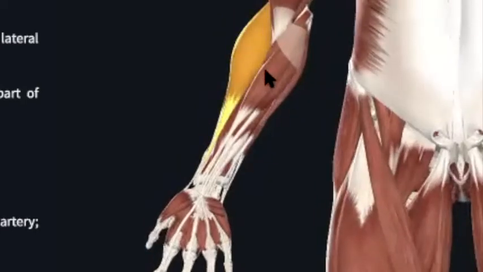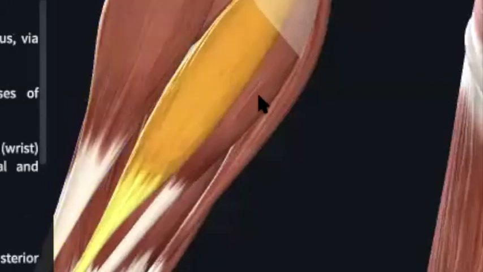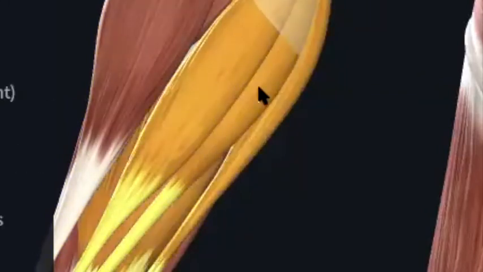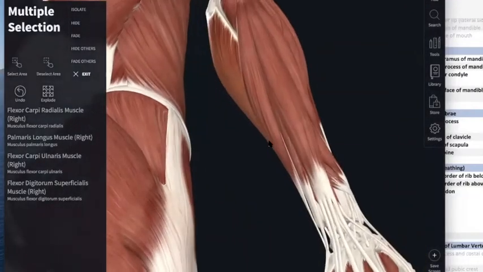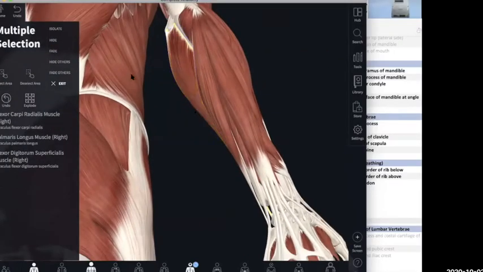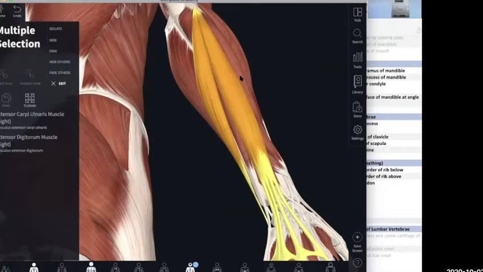All these other muscles on the front of your arm, right over here, are going to span the wrist joint. And they're all on the anterior surface of the arm. And then on the back of your arm, you're going to have your extensor compartment that are going to be doing wrist extension and wrist hyperextension.